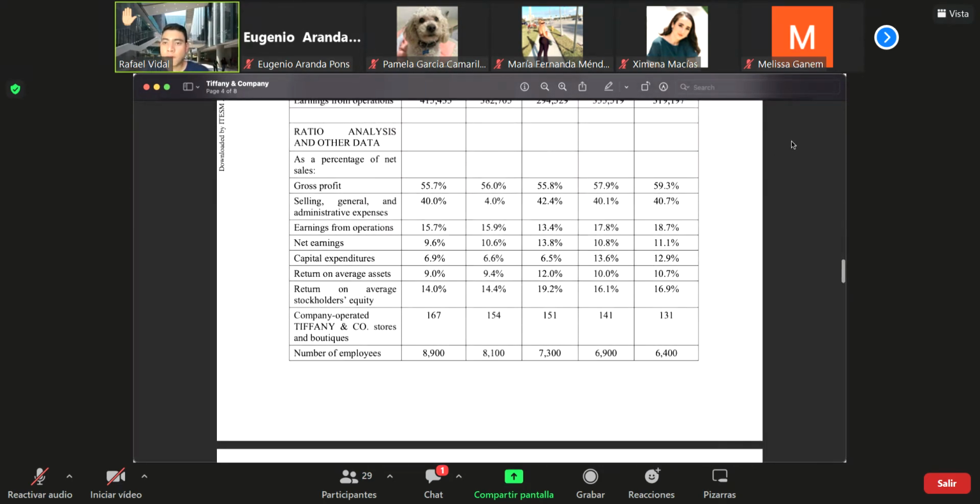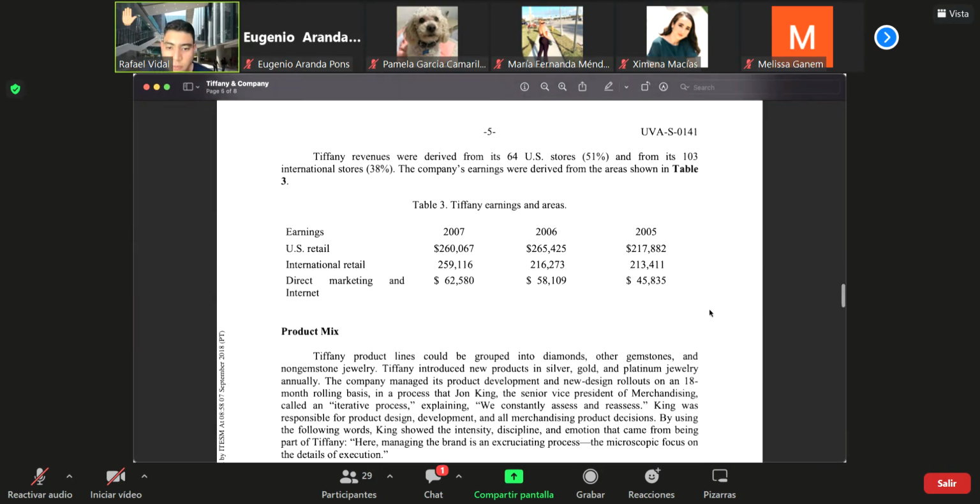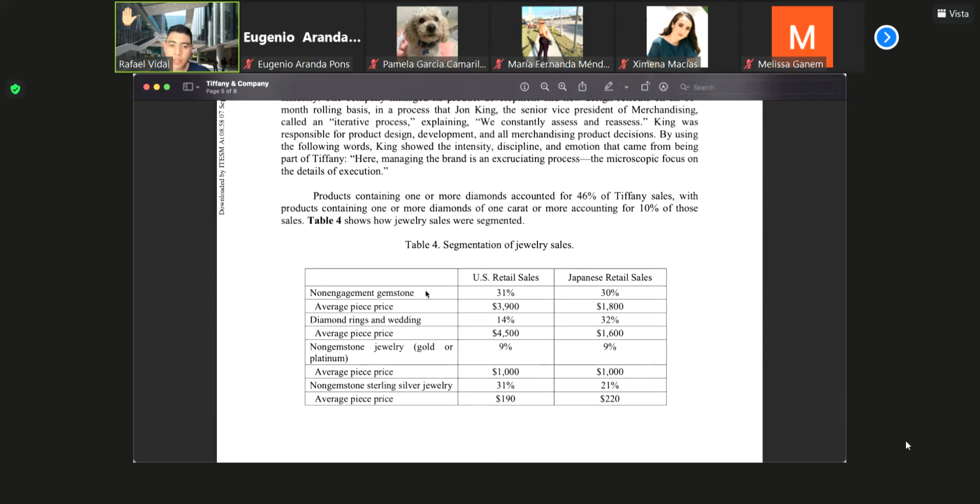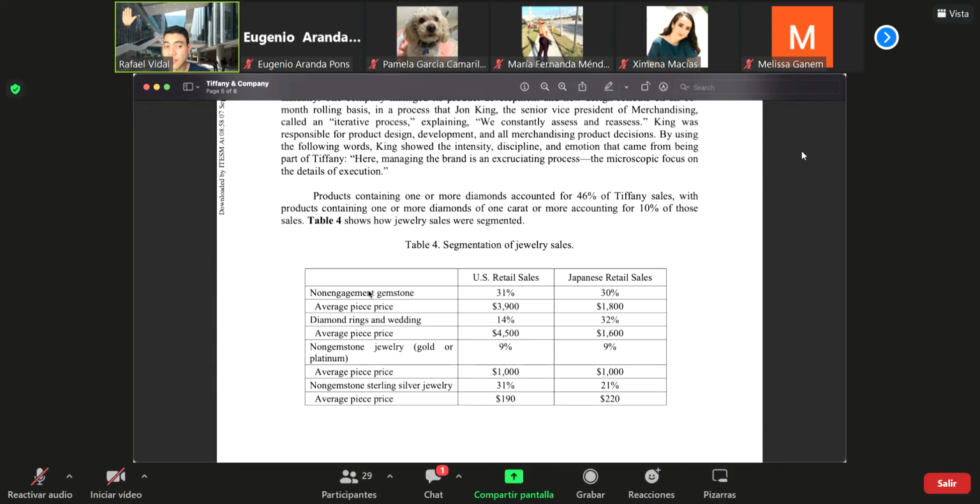So Eugenio, I want you to calculate the following. Since I'm just focusing on Japan and the US, and actually it's not groundbreaking that in table 4 I just have a focus on the US and Japan. Here, what they are telling me is what they sell, the percentage of the things they sell, and the average piece price.